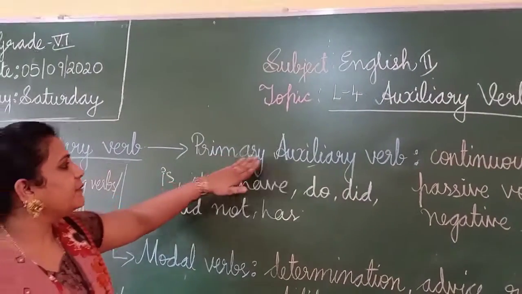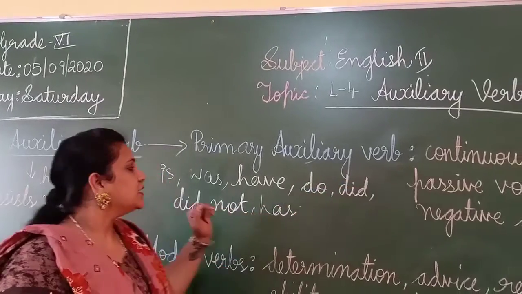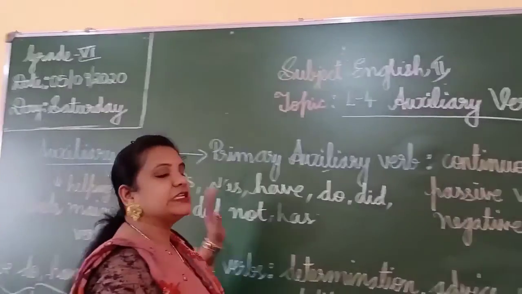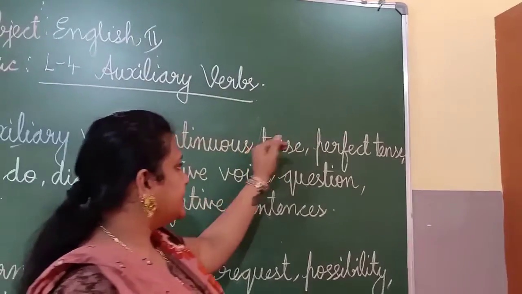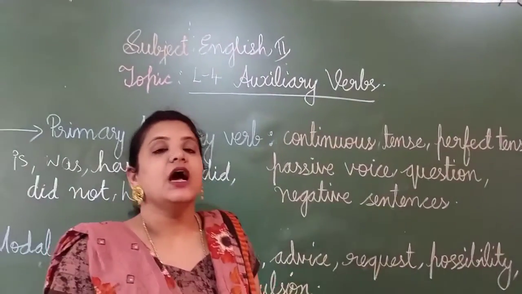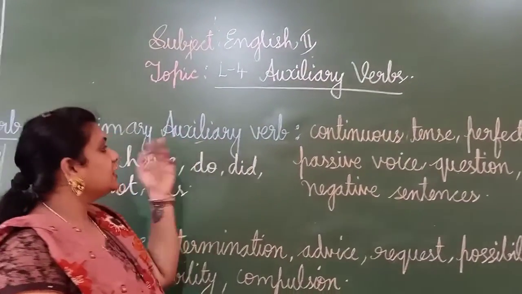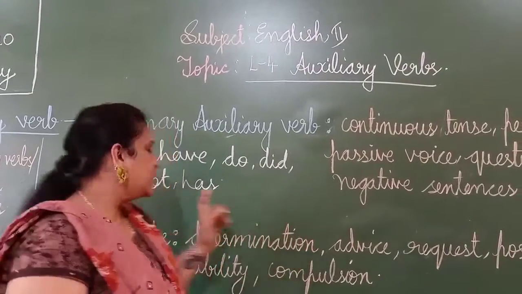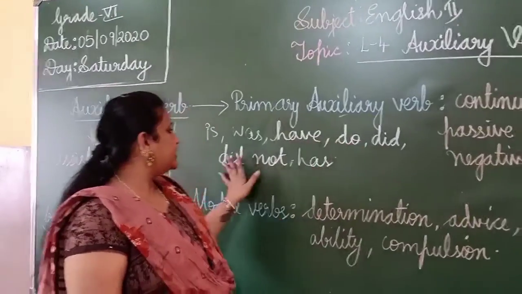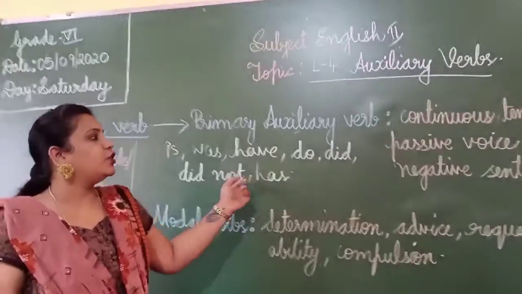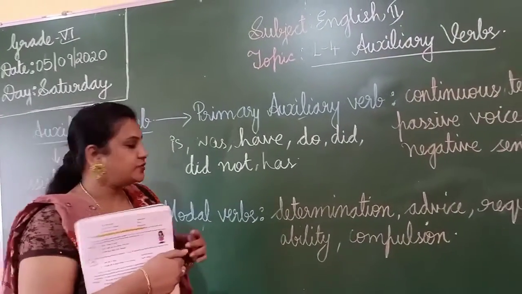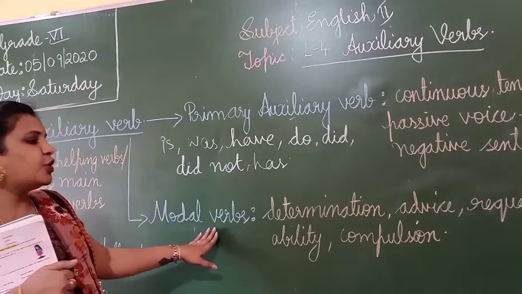The auxiliary verbs used in continuous, perfect, passive voice, question and negative sentences are called primary auxiliary verbs. We use such words: be, do, have, is, was, did not, has. Children, clear?